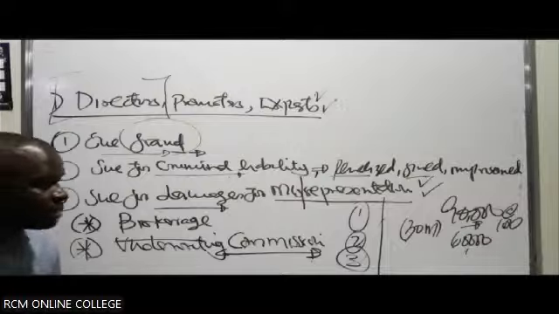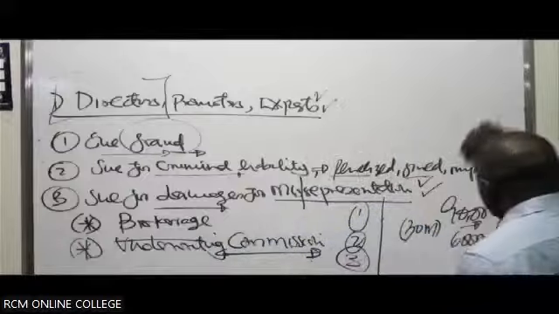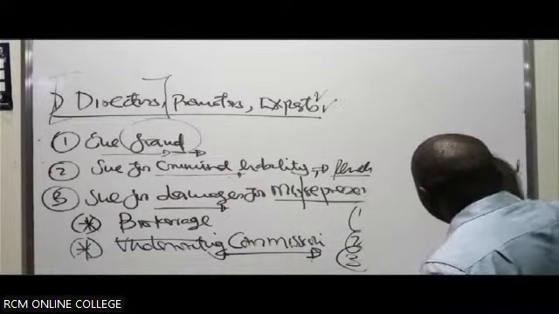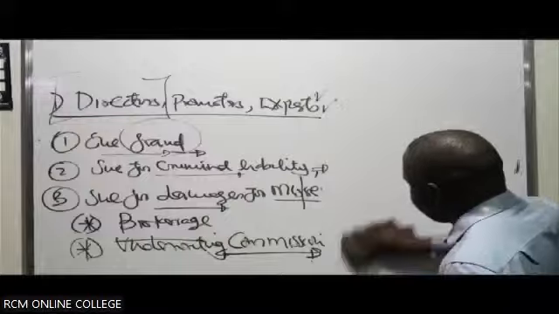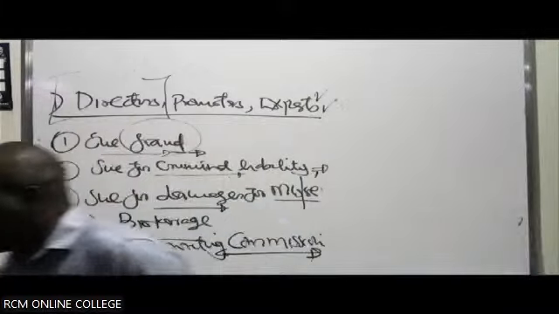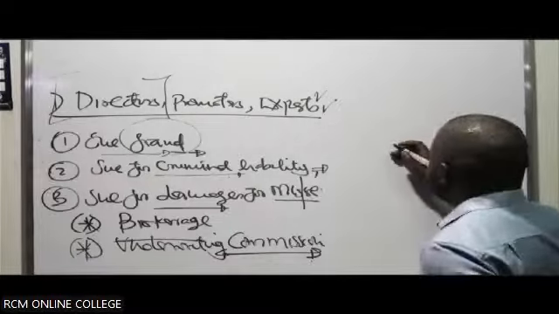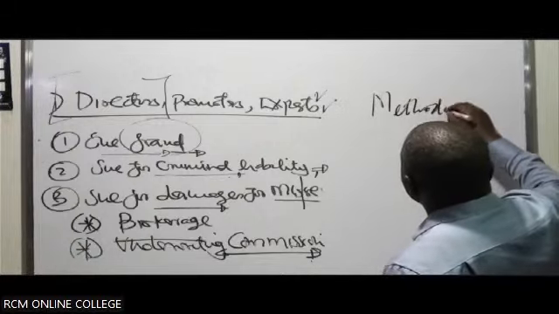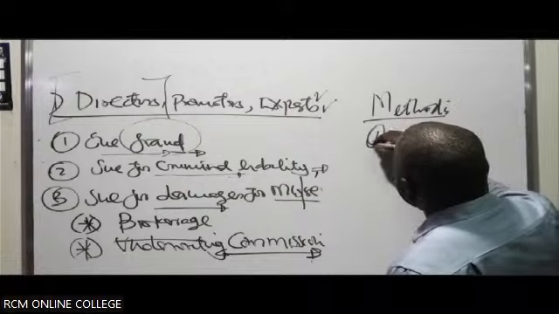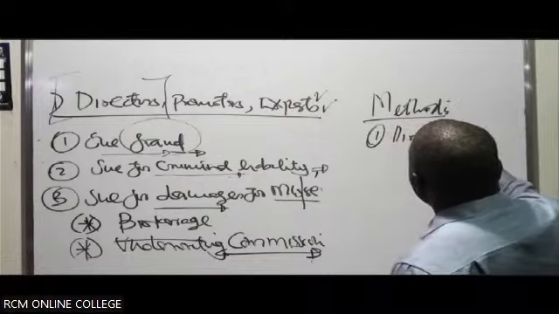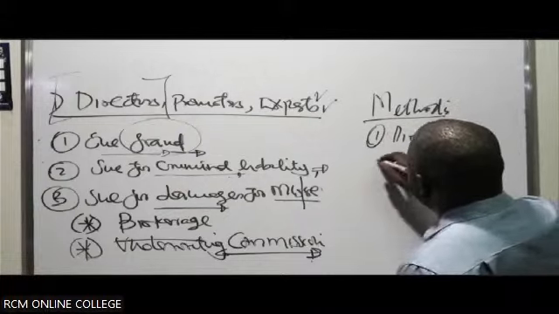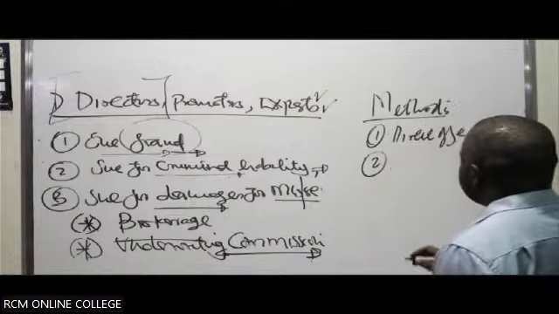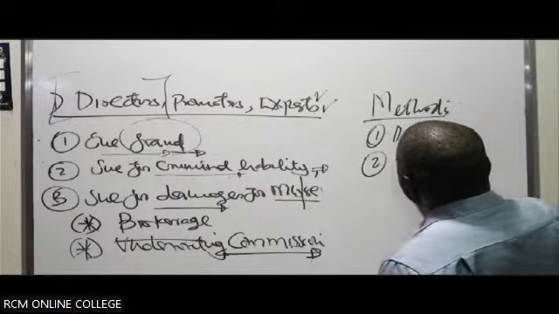Then there are methods as well by which the company can issue these shares. The methods of issuing the shares. How can they sell these shares? They can do what we call a direct offer. Number two, they can do placing.